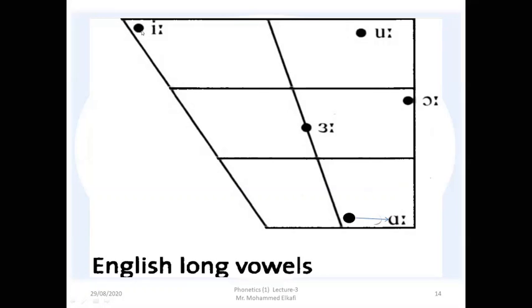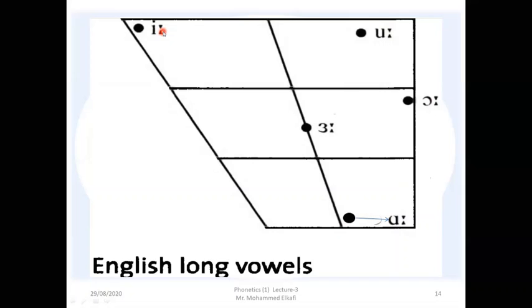So here we have the long vowel E. Here, air. Here, R. This one is O. The last one is U. So the long vowels are 5.